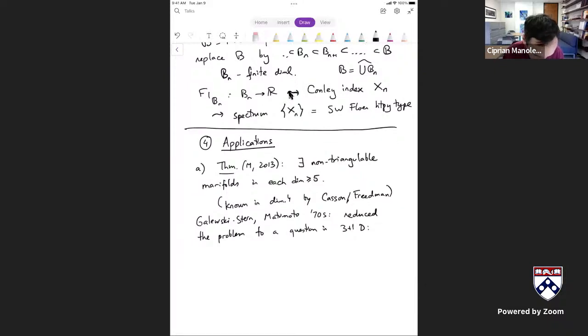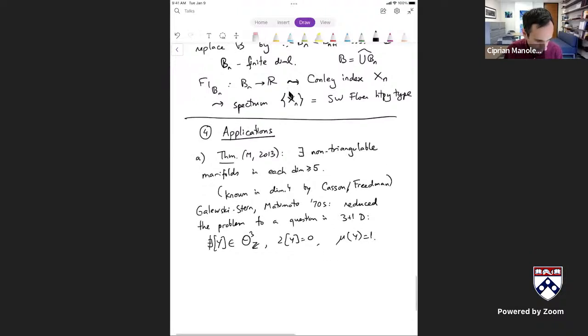They wanted to show that there is no three-manifold, well, an element in homology cobordism that is 2-torsion and mu of Y equals 1. I will say in a moment what these are.